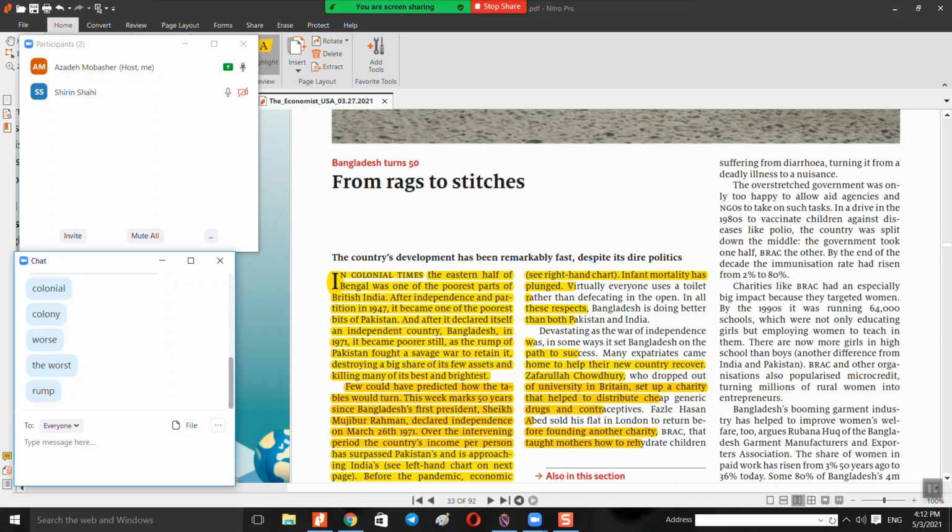So in here, when we read, as the rump of Pakistan fought a savage war, what does rump mean? You first said that it means a bit, a part of Pakistan. That is correct. But what kind of a part is called the rump? I have no idea.